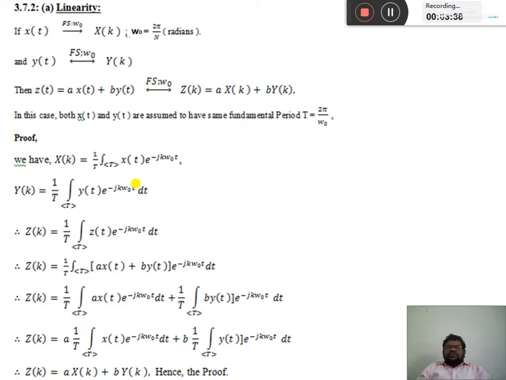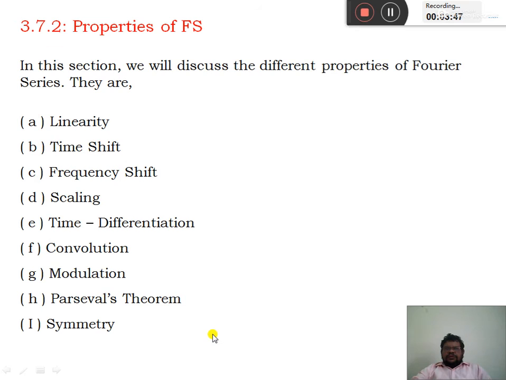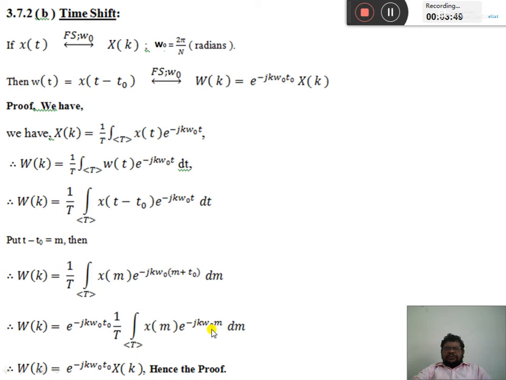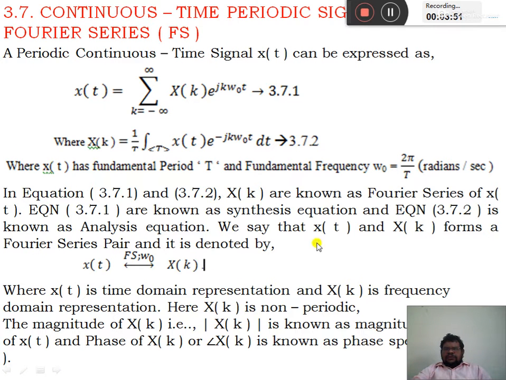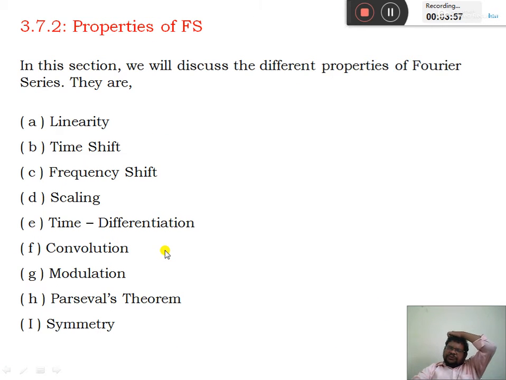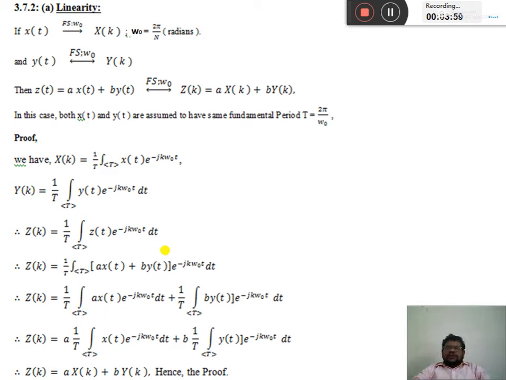We start the proof. We know that X of k can be written using the analysis equation as shown here. The inverse equation we call the synthesis equation, and the direct Fourier series equation is called the analysis equation.